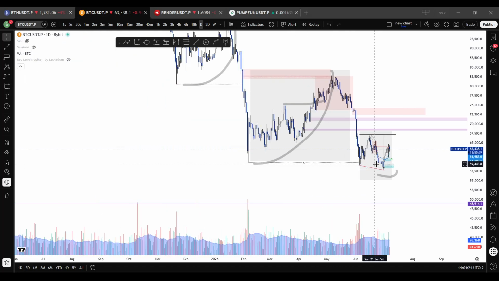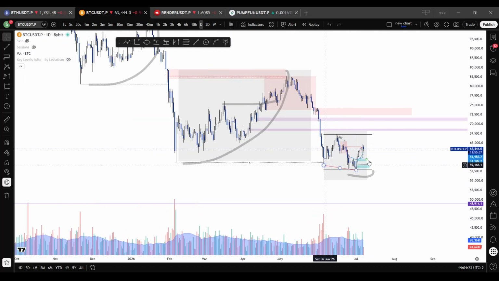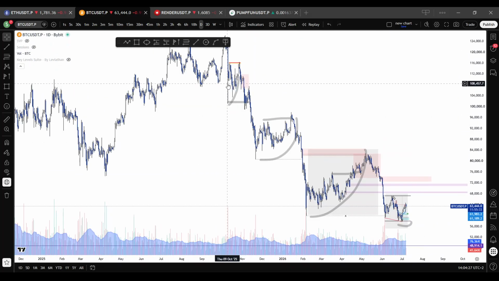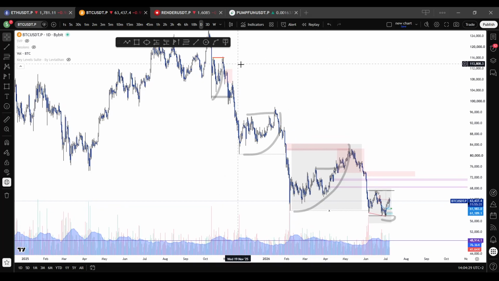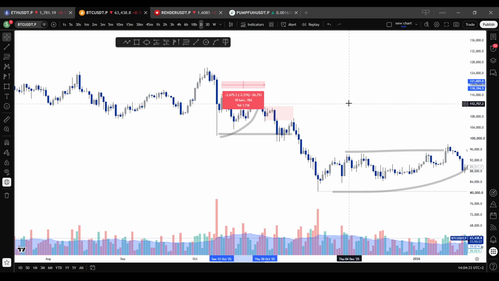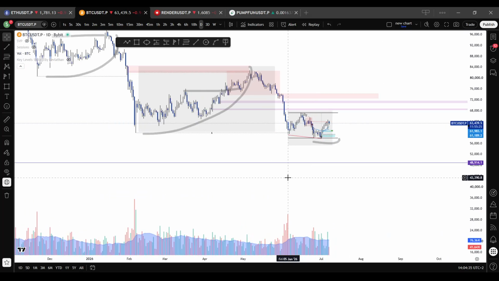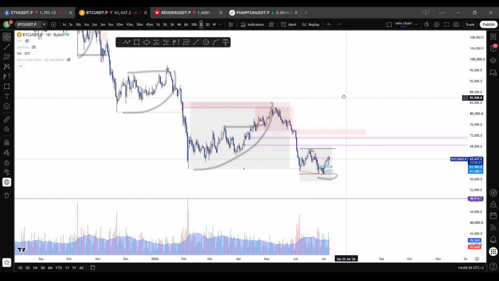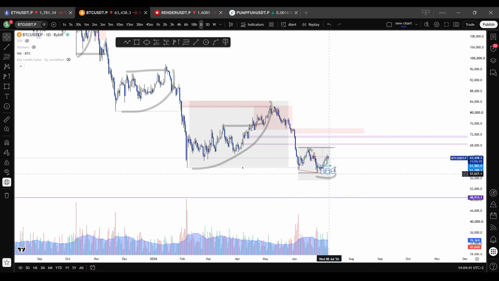But if we just look at the accumulation around here, this is nothing compared to what happened since October. Even this was almost bigger. Wait, how much? It was like 18 days. Okay, maybe not. But what I want to say is that this is too little to accumulate.